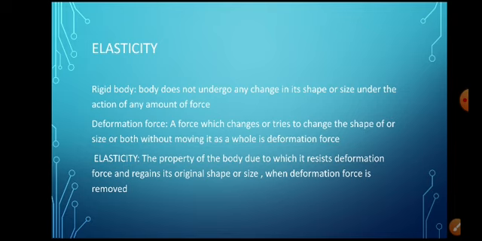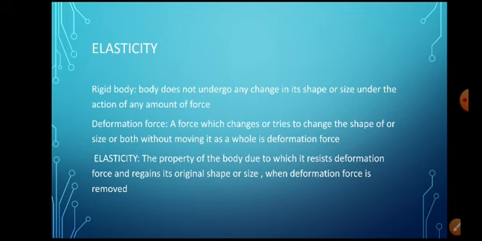A rigid body is a body which, if you throw it, the whole body moves from one place to another place, and there is no change in it, or there may be a change, but afterwards it regains its shape and size.